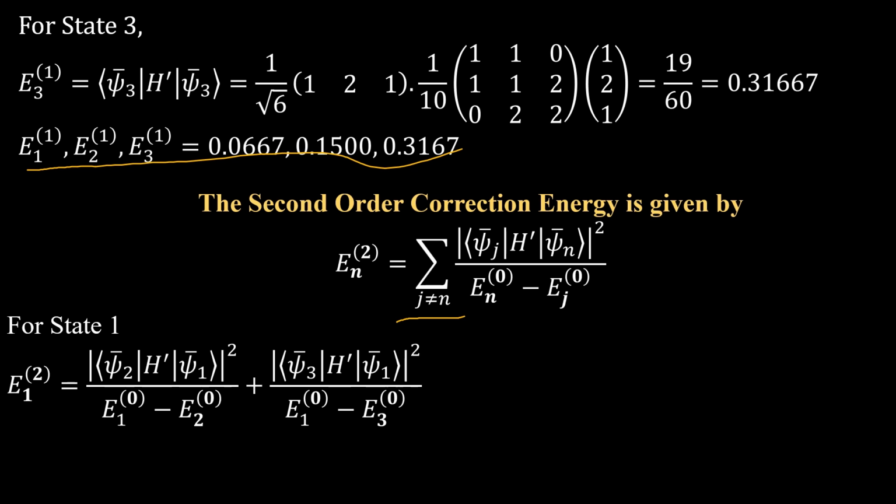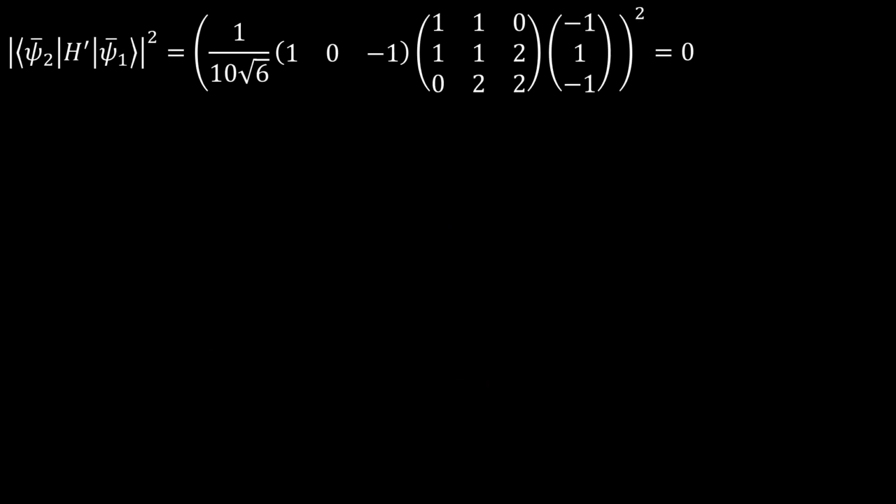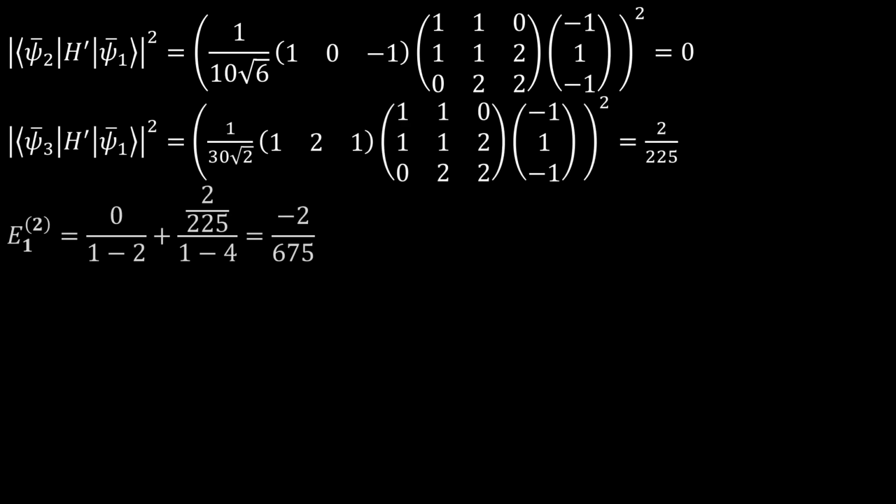If we expand this summation, we are going to have this expression for state 1, E1 to order 2. If we substitute the matrix, we can solve for this matrix again, and we can also solve for this matrix as well, and substitute back to get E1 to order 2 to be negative 2/675.